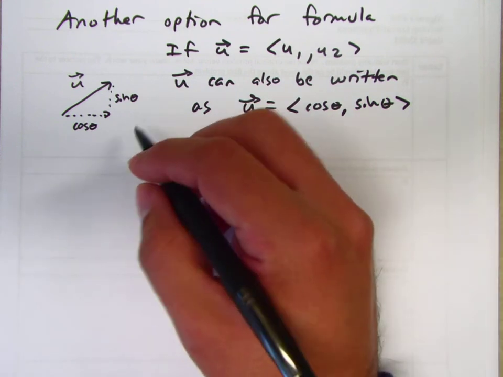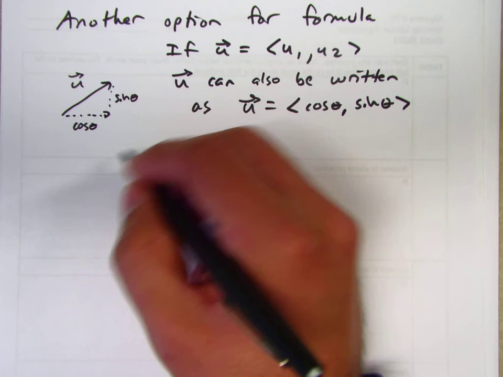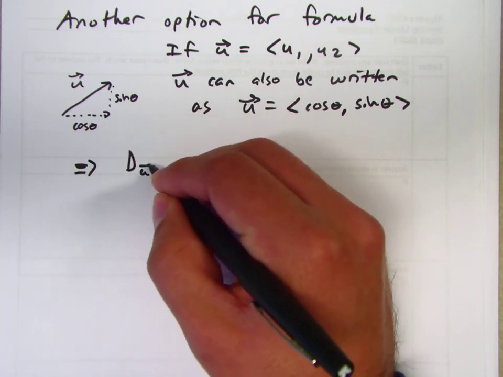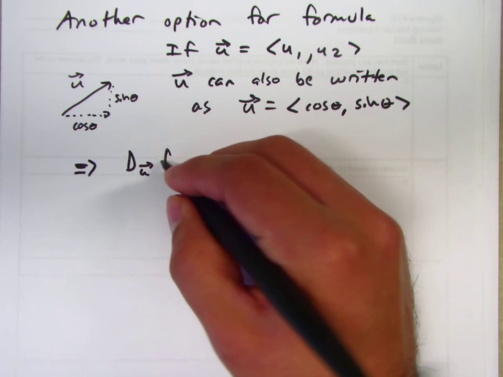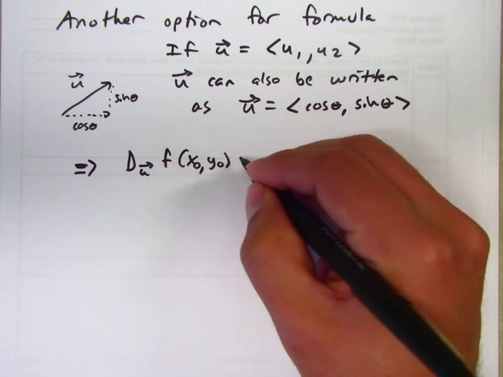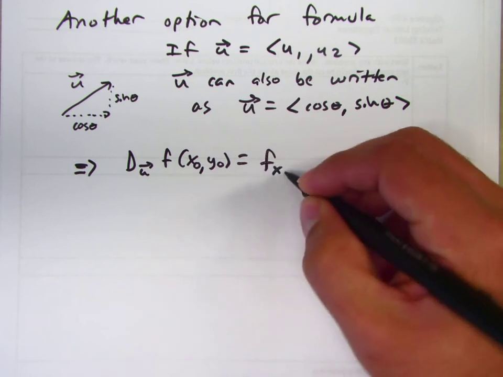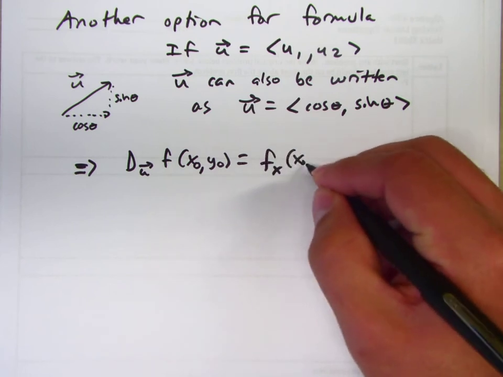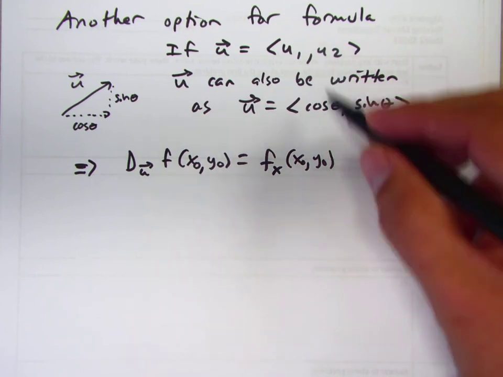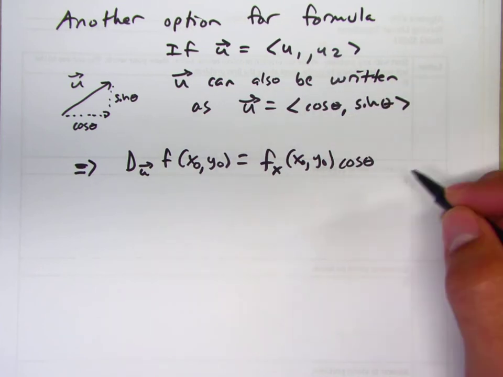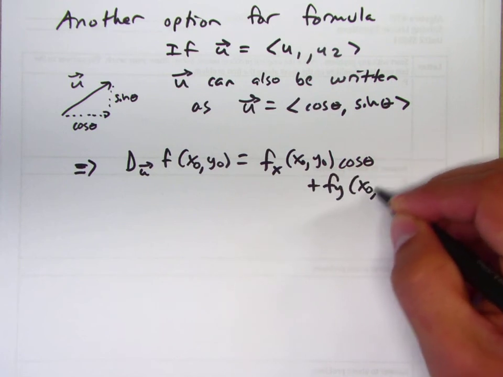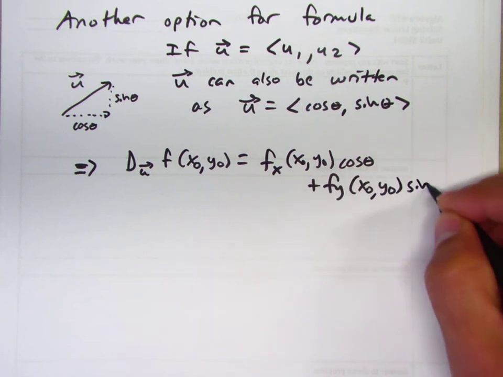And so for that reason, we have that the directional derivative in the direction of u of f of x naught y naught is going to be partial x evaluated at x naught y naught, and then instead of u1, we're just going to use cosine theta, plus partial y evaluated at the point times sine of theta.